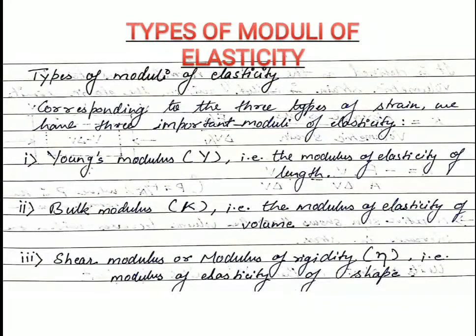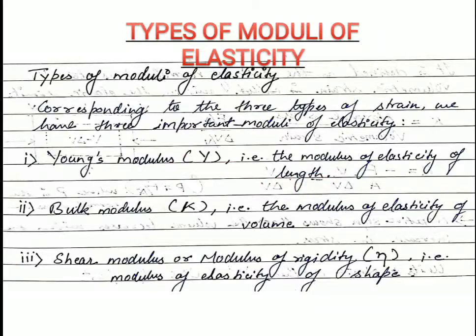Let us see our next topic, that is types of moduli of elasticity. Corresponding to 3 types of strain, we have 3 important moduli of elasticity. So let us see what are they. First one is Young's modulus. It is denoted by letter Y, and that is the modulus of elasticity of length.